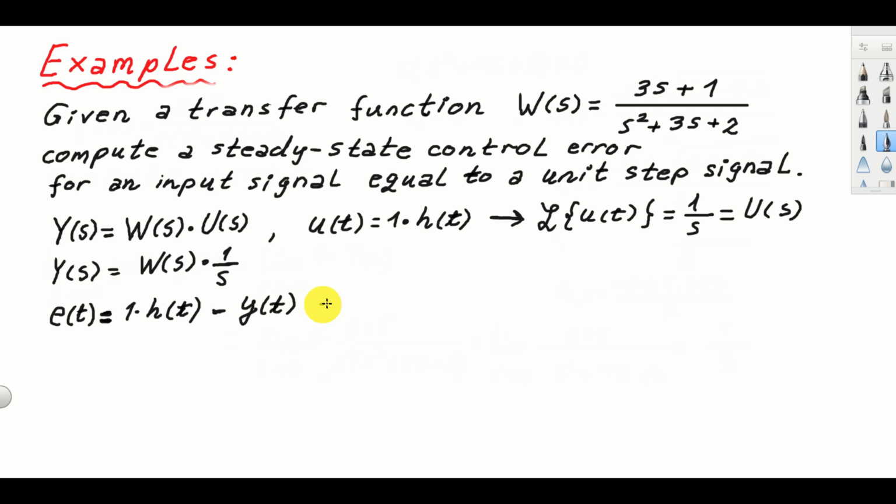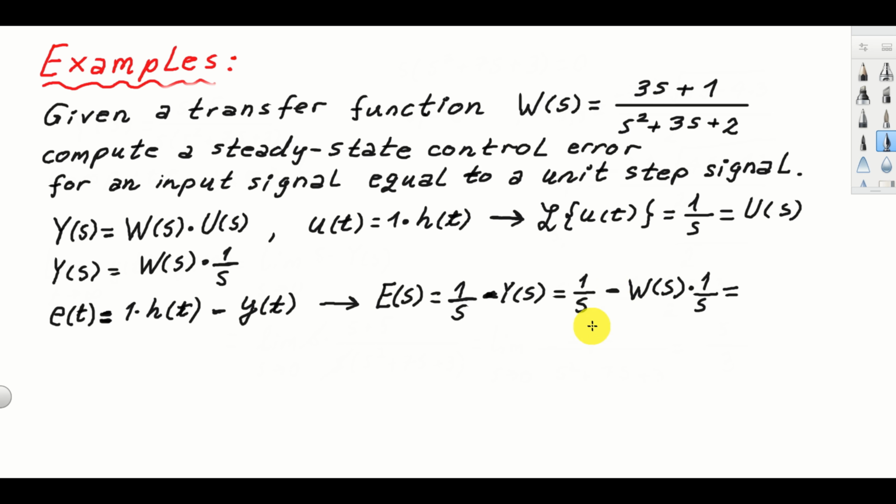Now, if we apply the Laplace transform to this equation, we obtain that capital E(s) is equal to the Laplace transform of 1 multiplying h(t), which is obviously 1 over s, minus Y(s). From this equation, we can substitute Y(s) as W(s) multiplying 1 over s. Consequently, we will have 1 over s minus W(s) multiplying 1 over s.